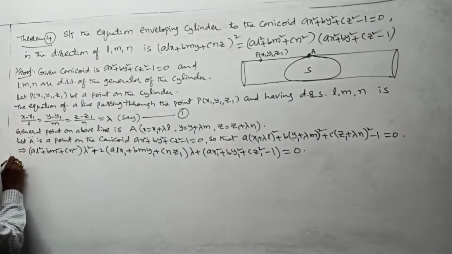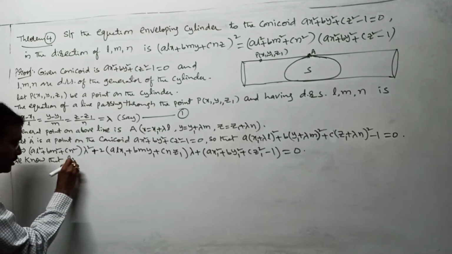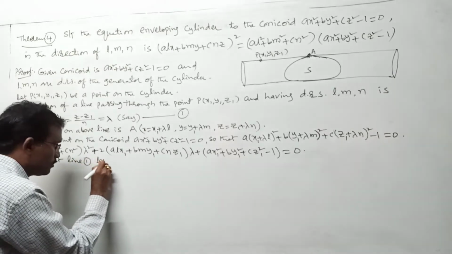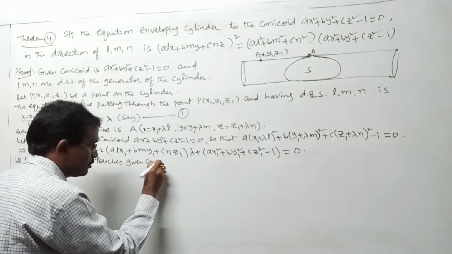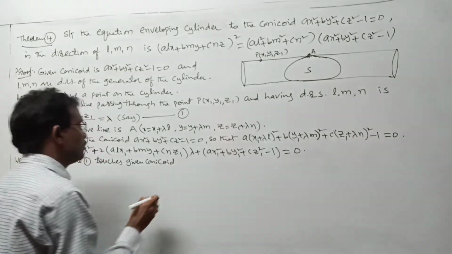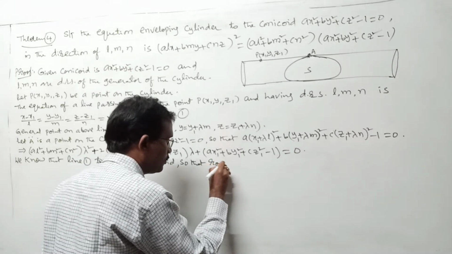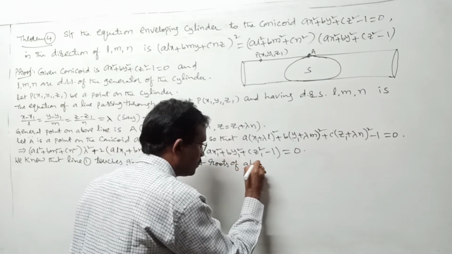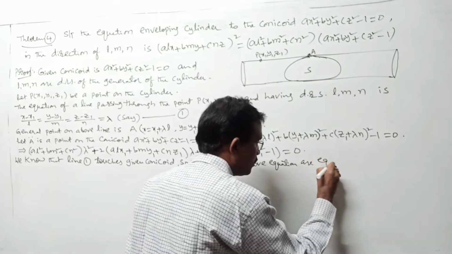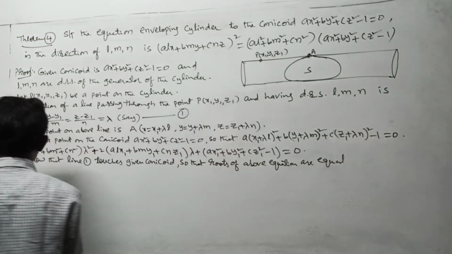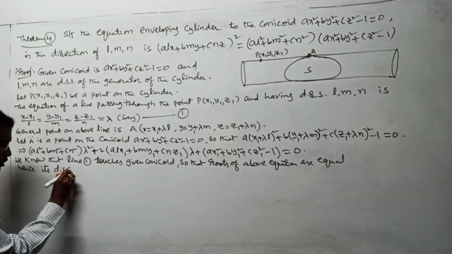We know that line equation 1 touches the given conicoid, so that the roots of the above equation are equal, hence its discriminant becomes 0.